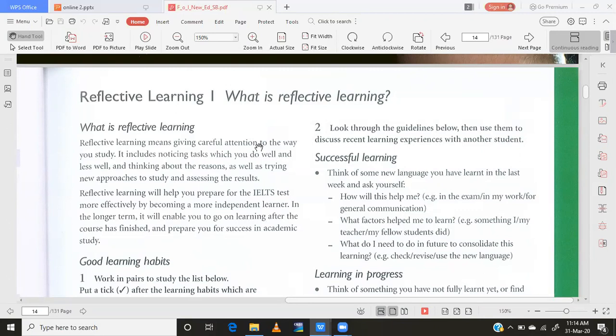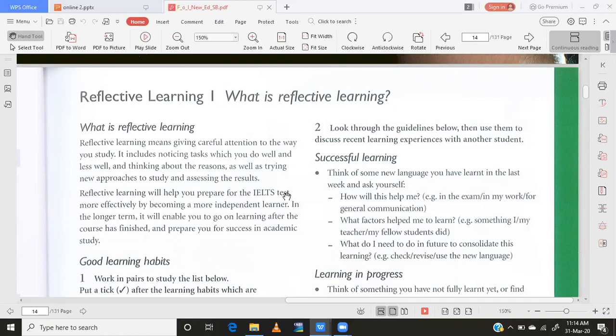Now, students, for that reason, it's worth spending time on this section, in order to underline the importance of reflective learning, not only for preparing for IELTS as effectively as possible, but also as the basis for your future academic study.